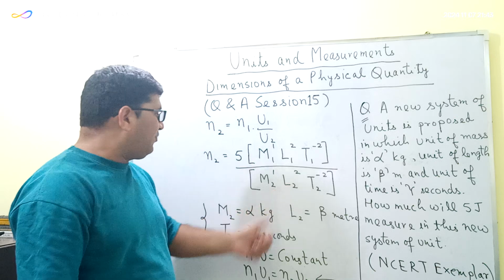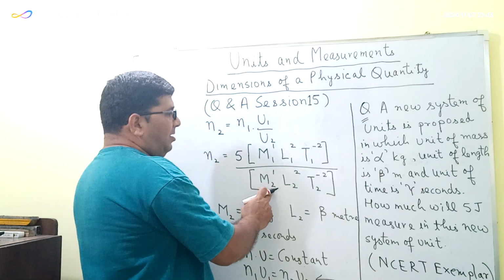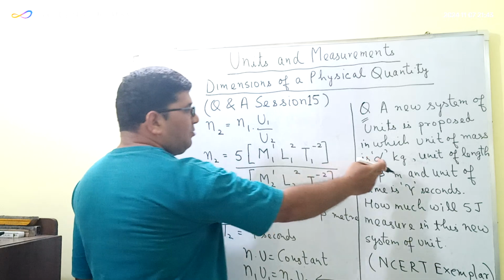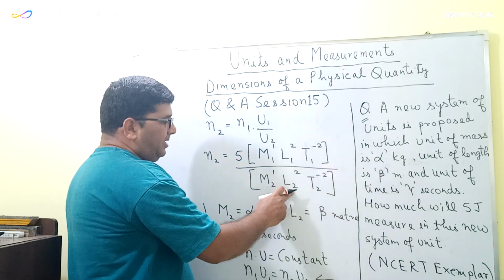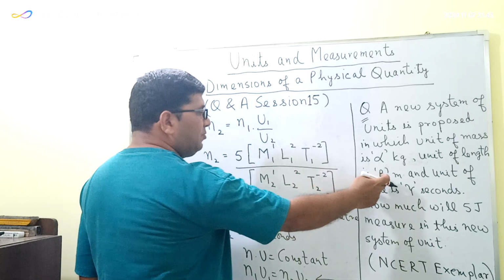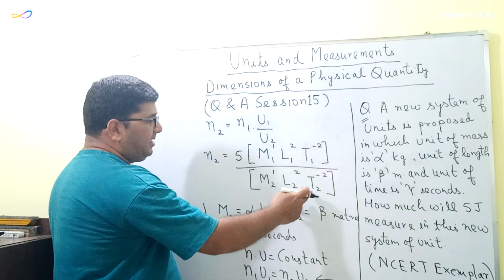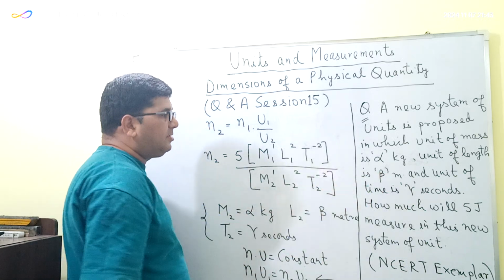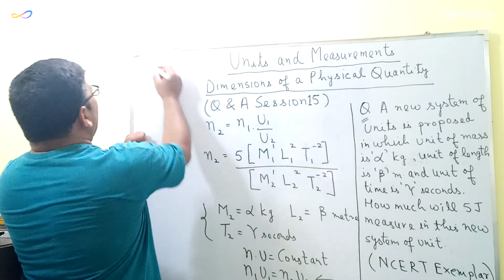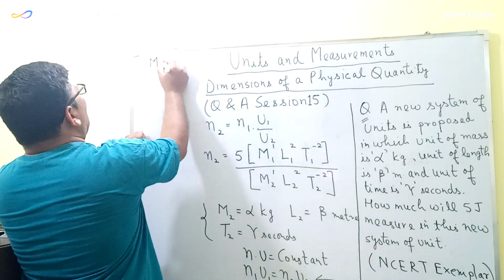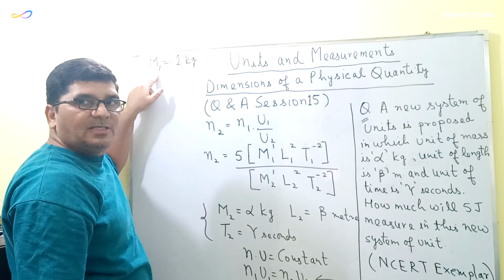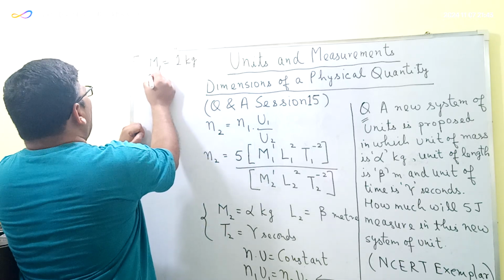And in the new system of unit, we have taken the unit of the mass as M2, which is here equal to alpha kg, and the unit of length was taken as L2, which is equal to beta meter, and T2 is the unit of time, which is equal to gamma seconds. So here M1 is equal to 1 kg, because this is the unit of mass in the SI system of unit.